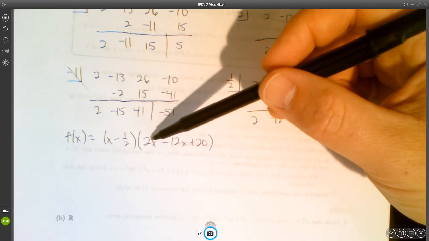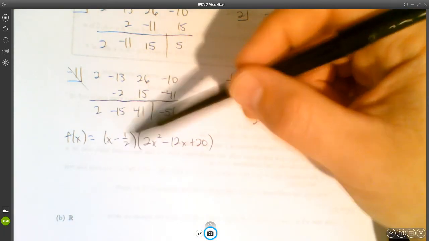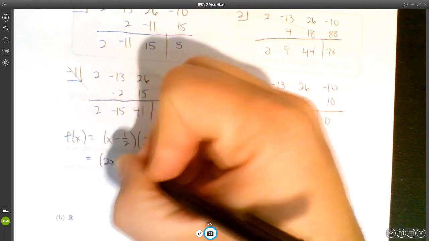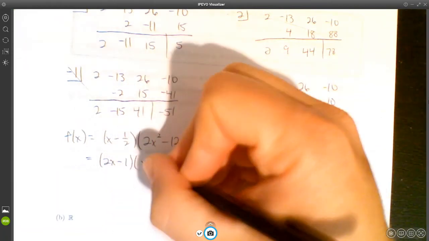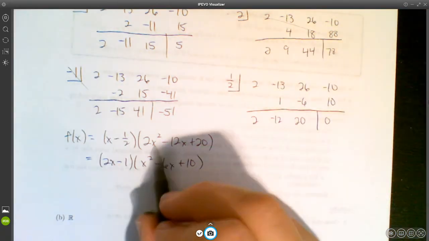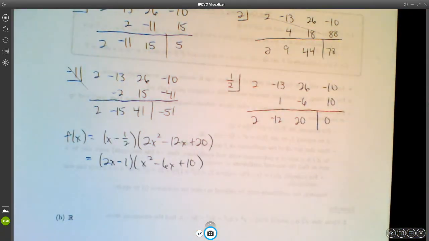What I'm actually going to do is absorb that into this first factor so that I don't have any fractions here. It's not wrong to have fractions, but I just think it looks a little nicer if I do 2x minus 1 times x squared minus 6x plus 10. Right? So I took out the 2 here and absorbed it there. So that looks a little nicer.